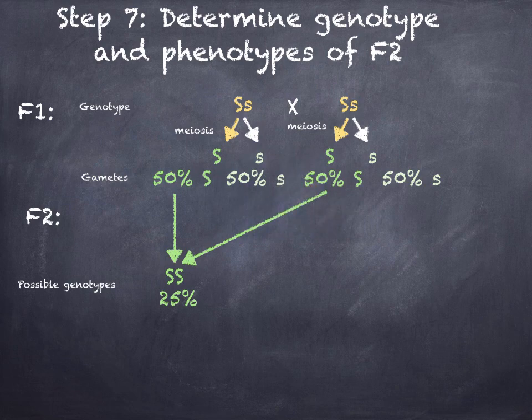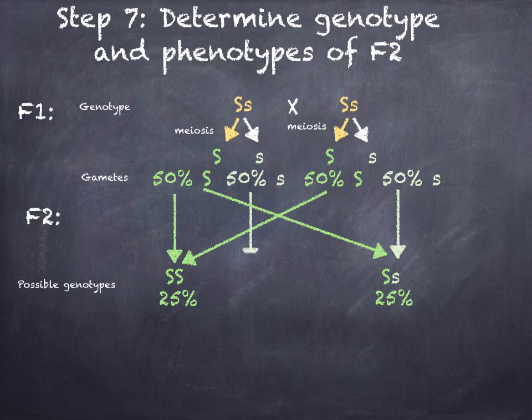Now you can repeat the same thing with all the other possibilities. This same gamete of the first parent can go with the different gamete of the second parent, so it would give you a genotype big S, small s in 25% of the cases.